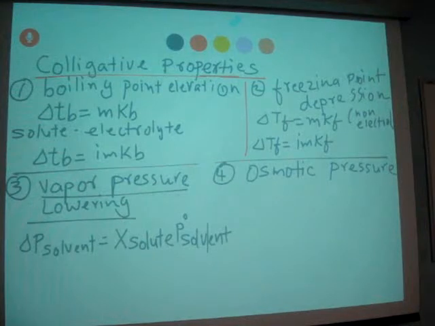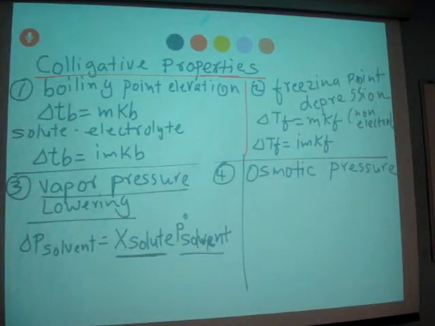Here X is the mole fraction of solute and P0 is the vapor pressure of the pure solvent, and that's where you can find delta P for the solvent.